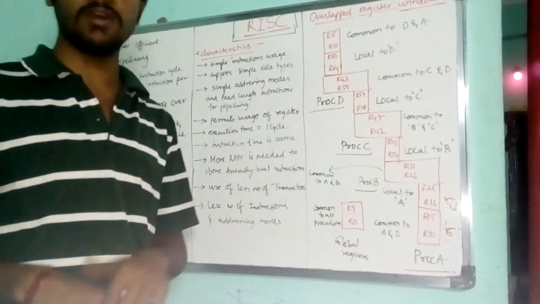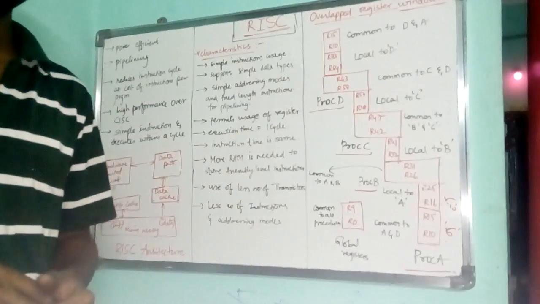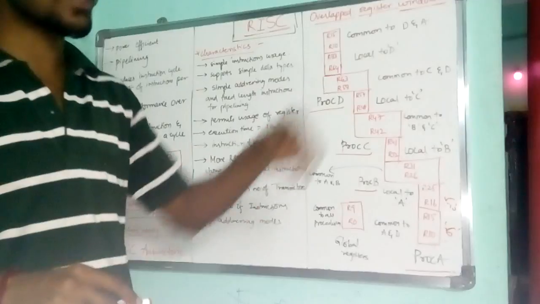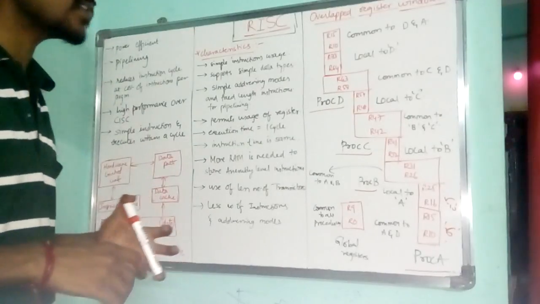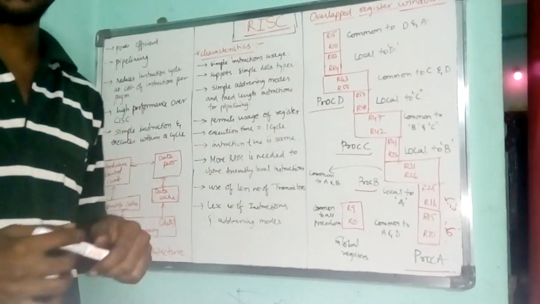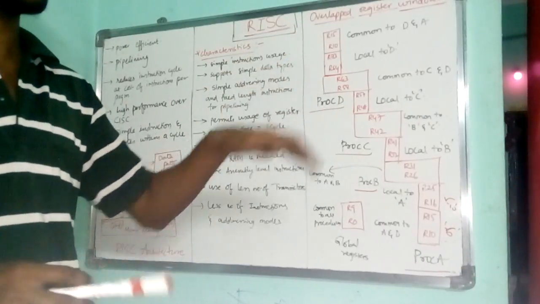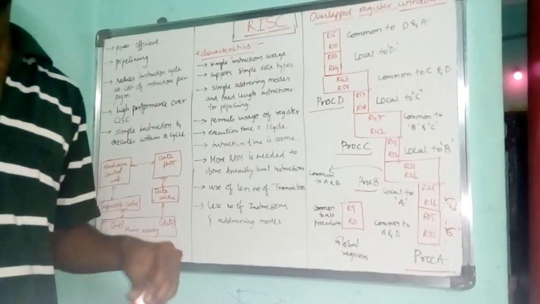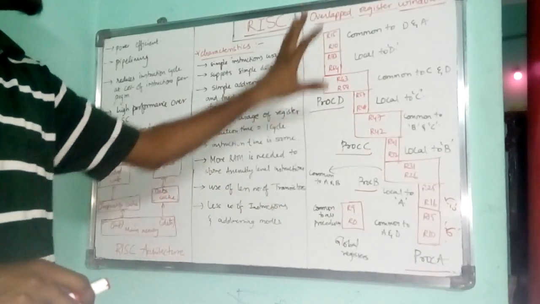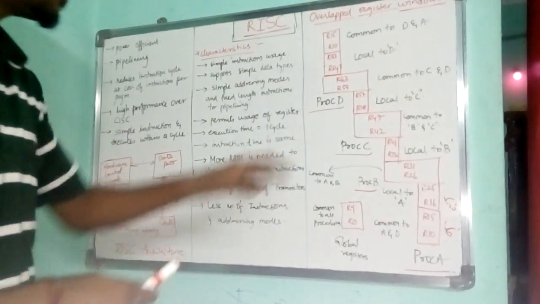These are the registers holding global variables. So this is how the overlap register window plays a major role in RISC processors. RISC processors use this type of feature in their programming.